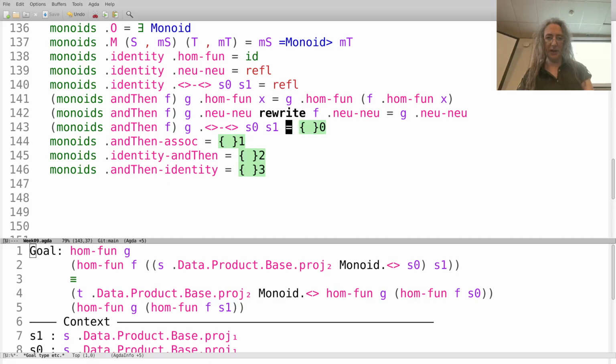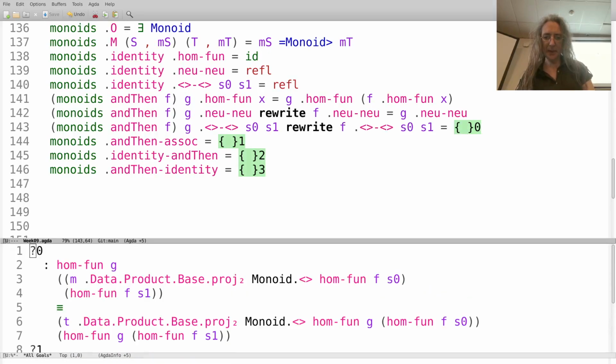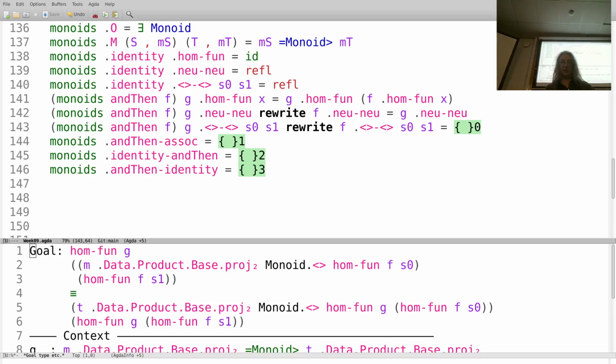So say rewrite F diamond S0 S1, and you can see that some outward bubbling has happened. I've now got an F on the inside, but I've still got a G on the outside.